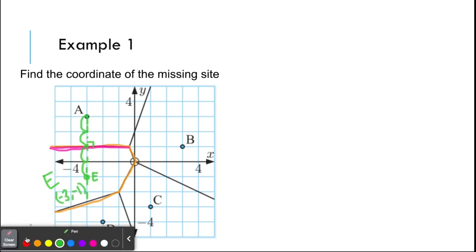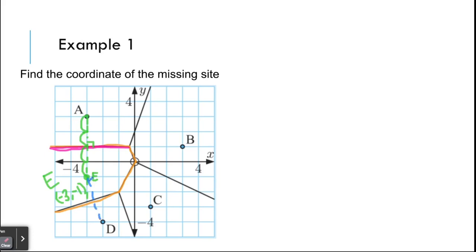And to check that you did this correctly, you should be able to draw the line between E and D. And this does look like our section here is equidistant to D, as it should be. Then you could repeat the same process from E to C and E to B, and you'll see that you have the correct point for E.